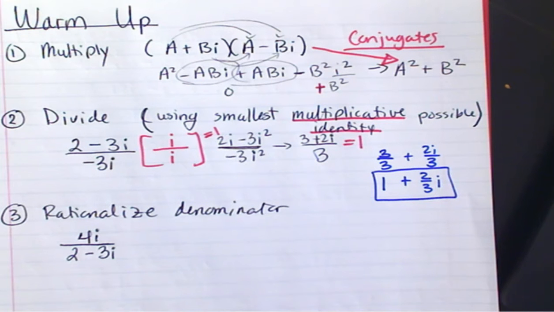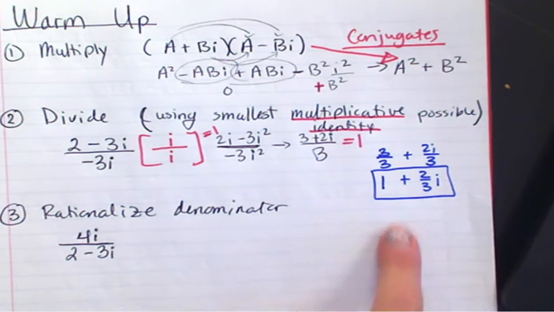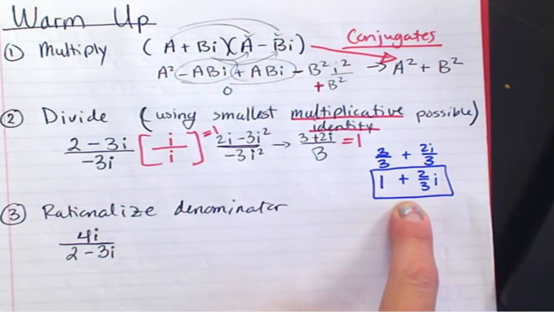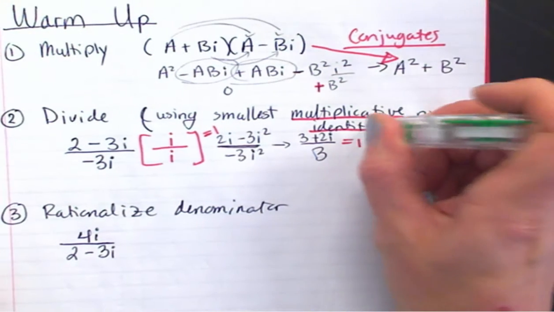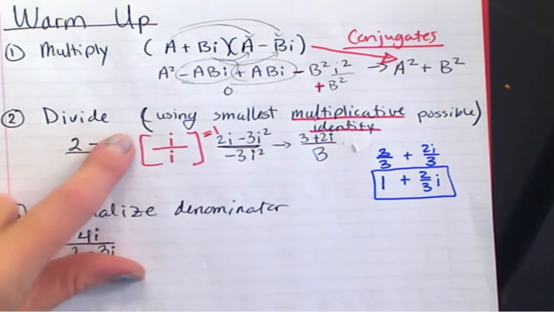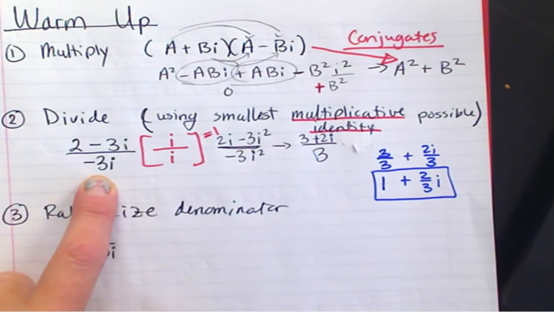Be careful with your division. I picked numbers that were the same on purpose. Yes? But if you multiply by 3i, you will eventually get to the same reduced answer as I do. It'll just take you 1 or 2 steps more. Okay? So notice here, minus 3i, I picked something distracting on purpose.